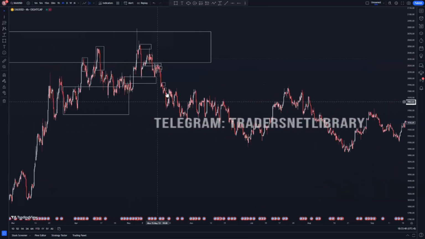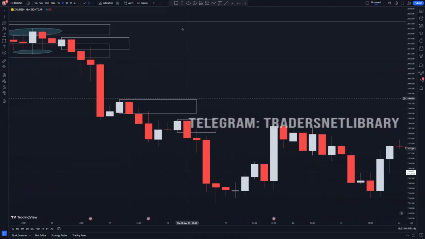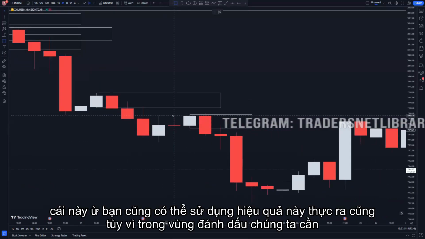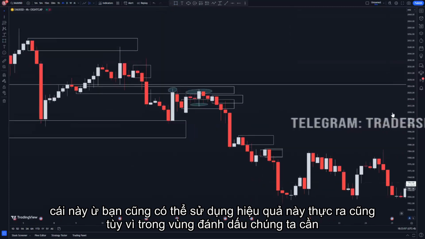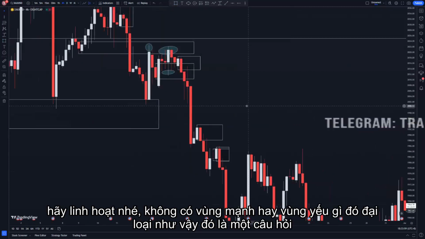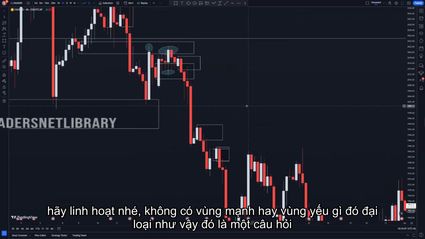Which one? This one. Yeah, also you can use this EF actually. Yeah, depends, because in marking zones, we need to be flexible, right? So there is no strong zone or weak zone, something like that.